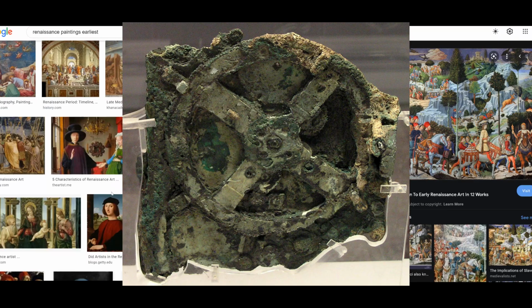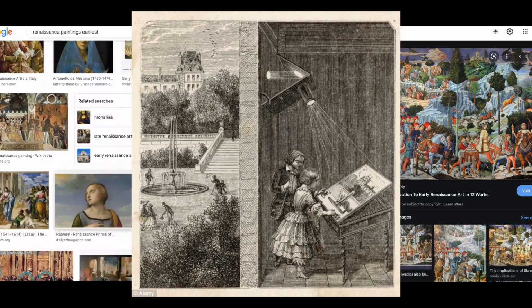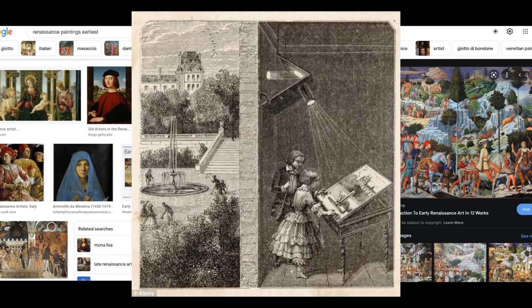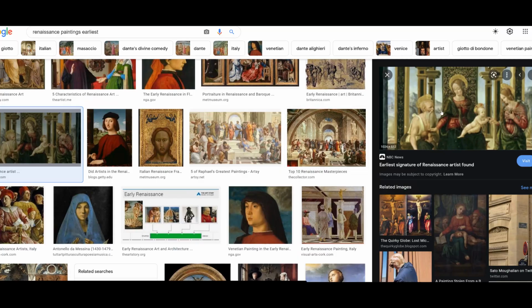Maybe there was some type of tech that was covered up in order to hide the origins of this whole style of painting. Maybe someone painted it, or this is a secret technique using equipment of some sort, and they don't want people to know about it.